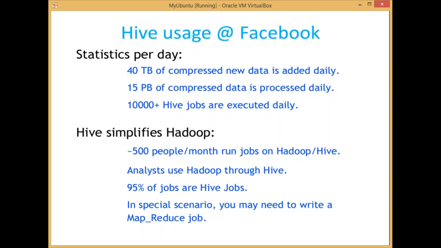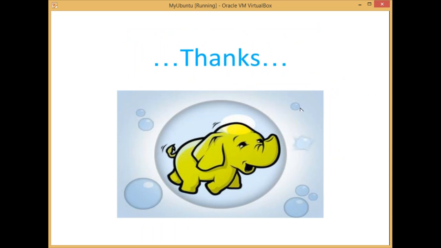So we cannot move away from MapReduce programming. Whether you write the MapReduce program or Hive is converting your SQL query into a MapReduce program, ultimately on the Hadoop cluster the MapReduce job will be running. So this is about Hive usage at Facebook, and with this slide we are done with the introduction to Hive.